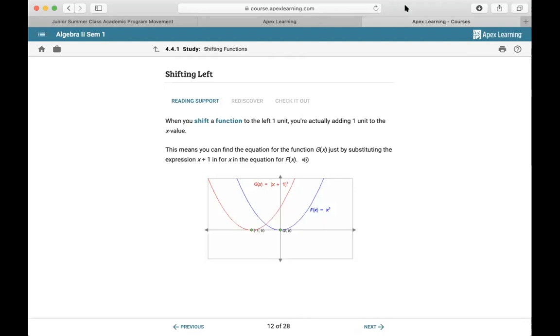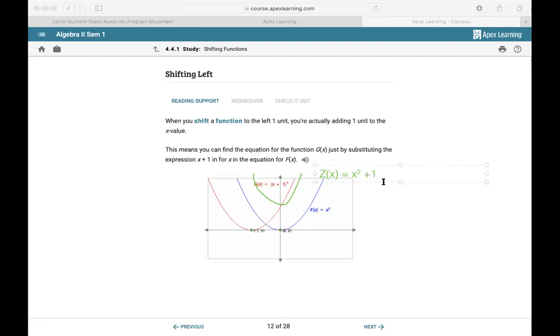If we were to move this function, let me get a different color here. If I moved this function, wow, that's bad drawing. If I move this function here, this function would be, let's call it z of x, equal to x squared plus 1.